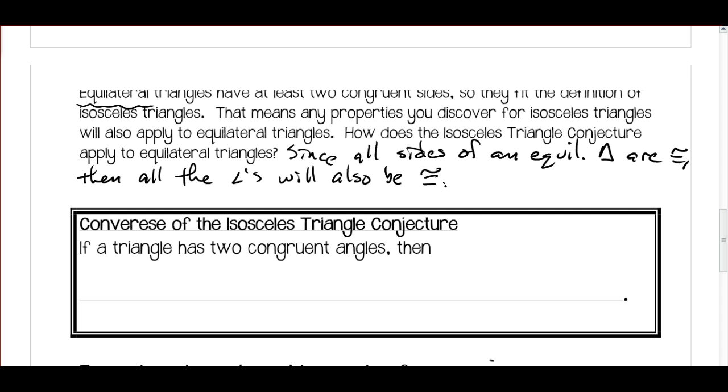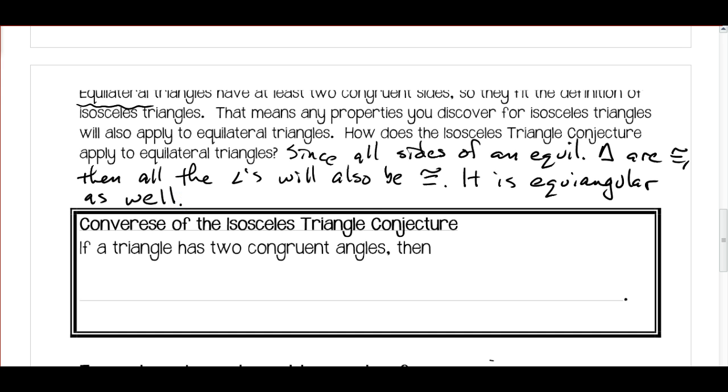With an isosceles triangle, we have two congruent sides and two congruent angles. With an equilateral triangle, we have three congruent sides and three congruent angles. So we could also say it is equiangular as well.